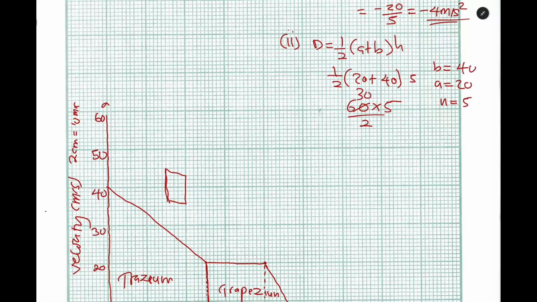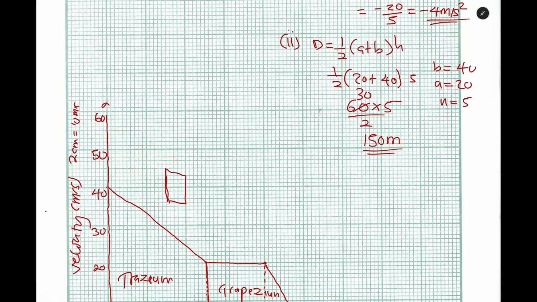This is 30. 30 multiplied by 5 is what? You are going to have 150 meter. So the first one is 150 meter.